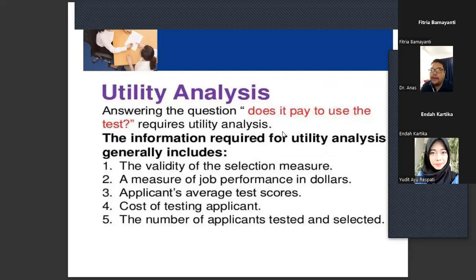So these are the 5 indicators for doing utility analysis, showing how it pays to use the test.